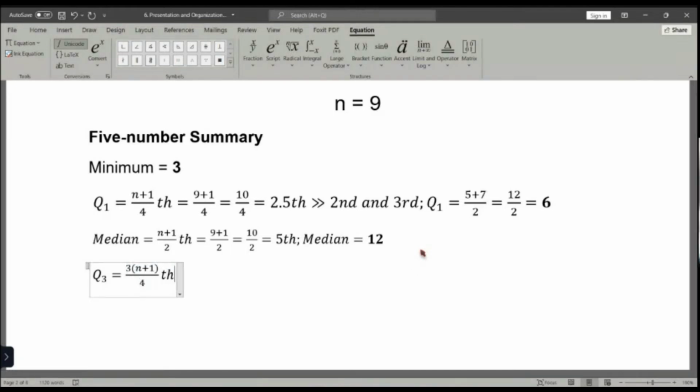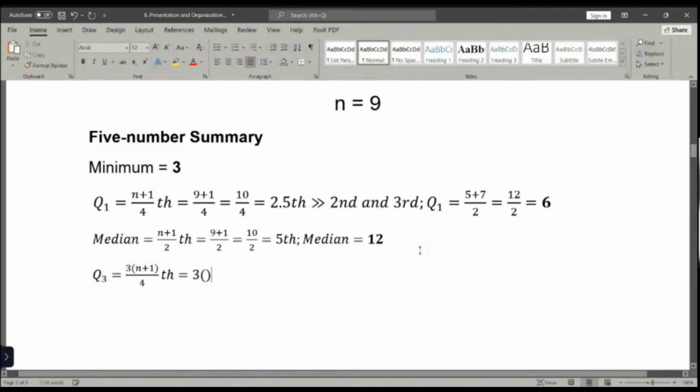So that is 3 times 10 over 4. Lagay ko ng 10 kaagad ha. Or that is 30 over 4. What is 30 over 4? 7.5.